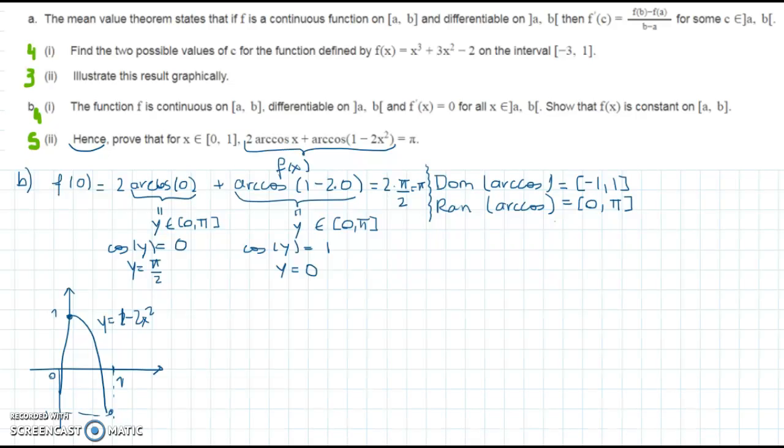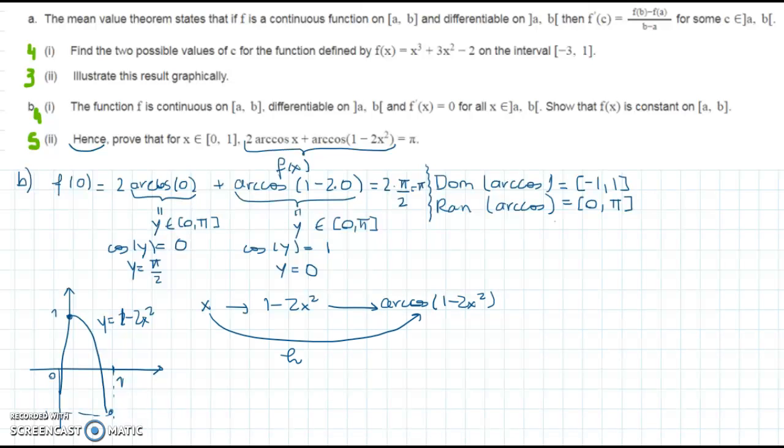So what I'm saying here is that when I compose x, 1 minus 2x squared, and then arccosine of this, I obtain a function. Let me call this h. h is continuous on the interval [0, 1].